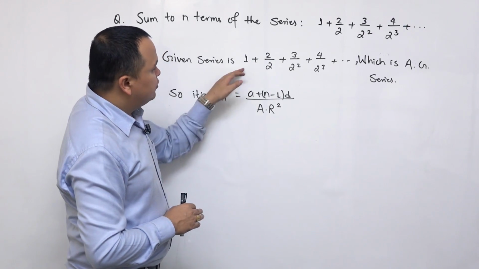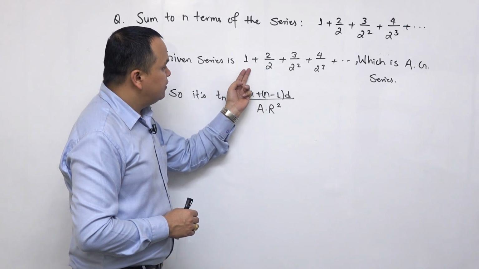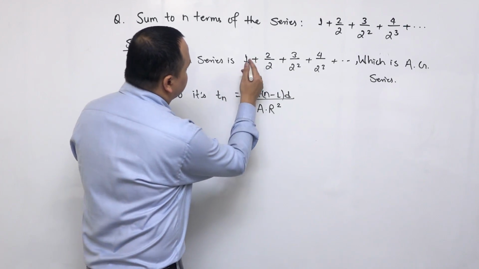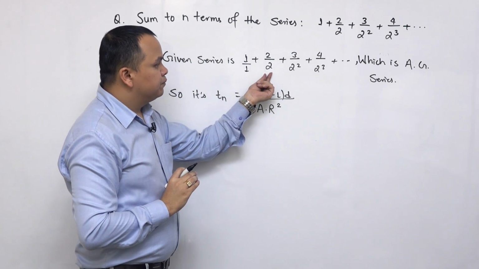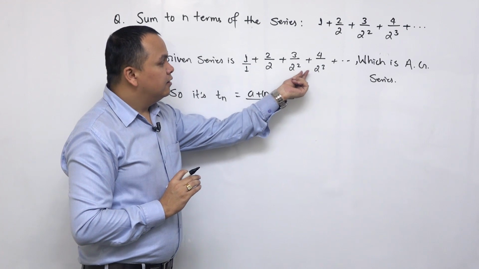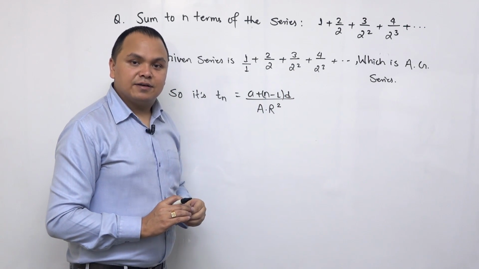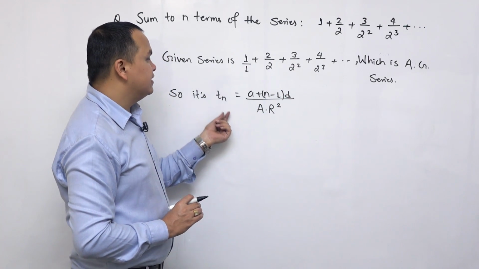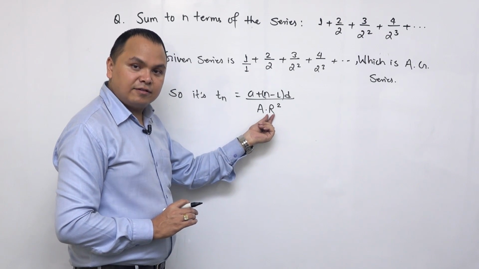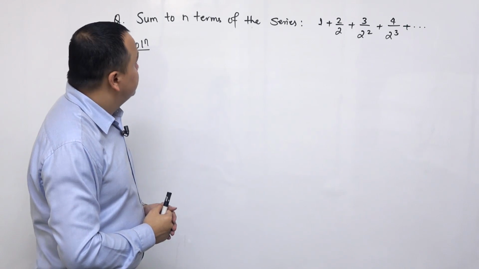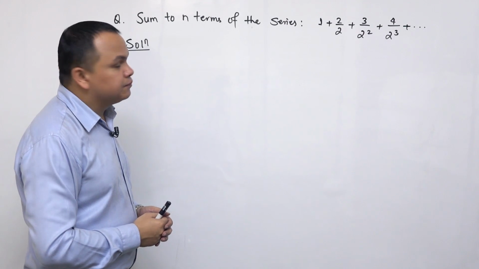Similarly, in the denominator part 1, 2, 2 square, 2 cube are in GP, so we use Tn is a times r to the power n minus 1. Okay, we take another example.